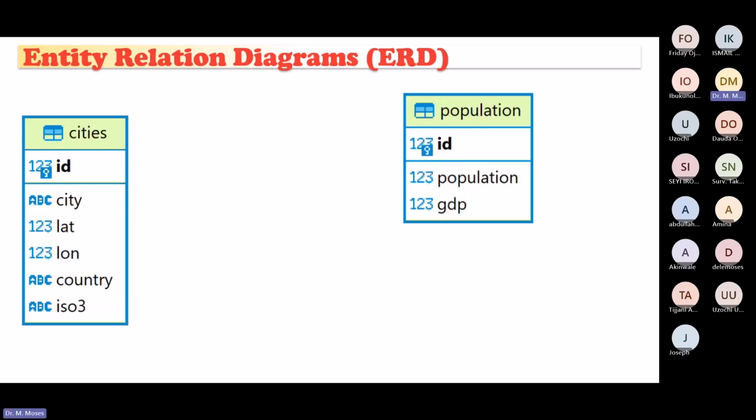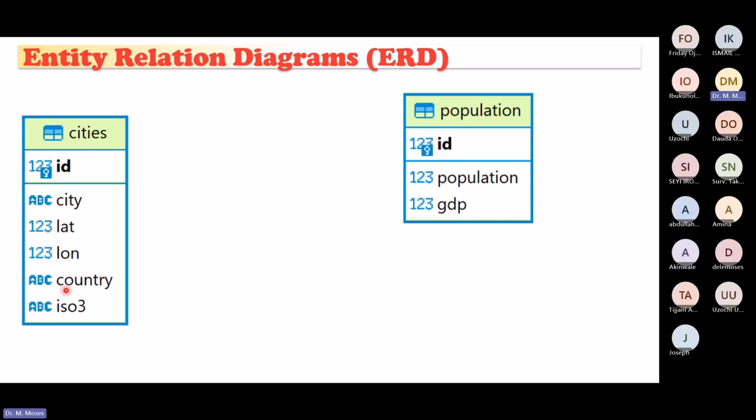If you look at the side of each of these tables, you will discover you have some digits in blue. The 1, 2, 3 here tells us that this ID is going to be a numeric value. The ABC here tells us that it's going to be a string value, that means like an alphanumeric name. The 1, 2, 3 here tells us that latitude is going to be numeric. Longitude is going to be numeric.